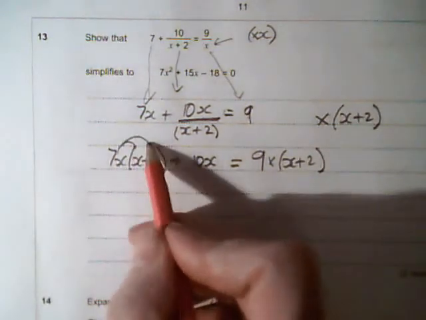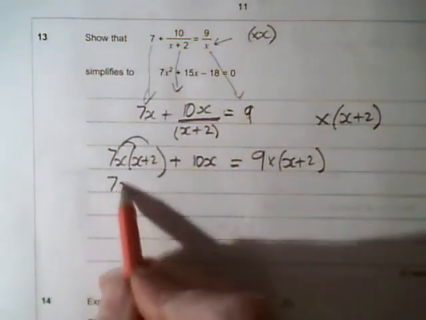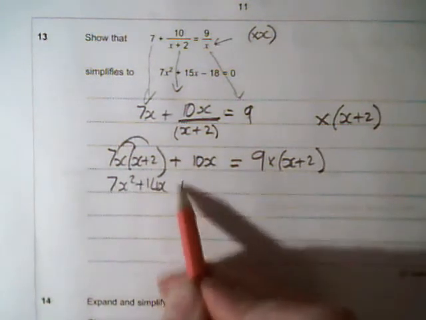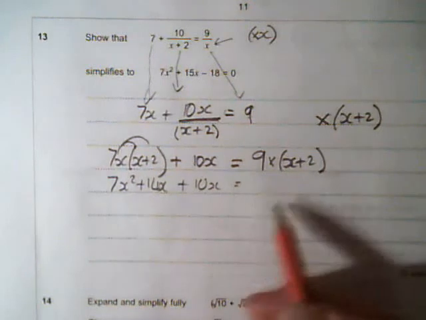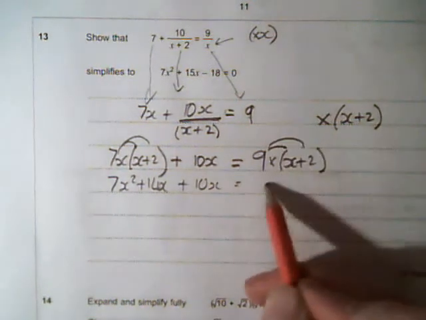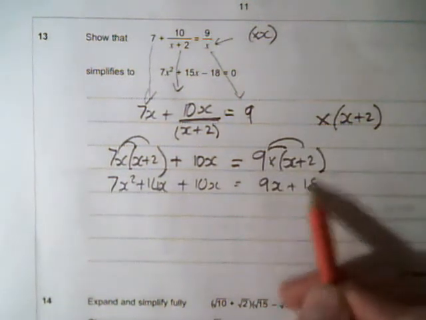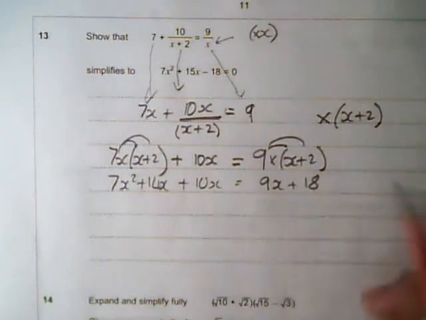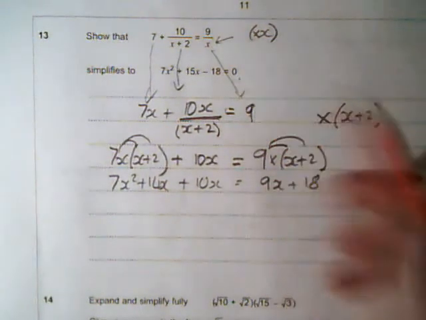So let's expand that and get 7x squared plus 14x. This doesn't need expanding. Expand this, 9x plus 18. Put everything on the left hand side because in the answer we've got 0 over there.